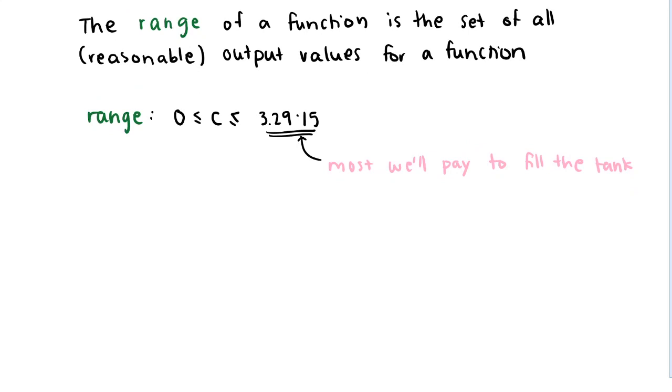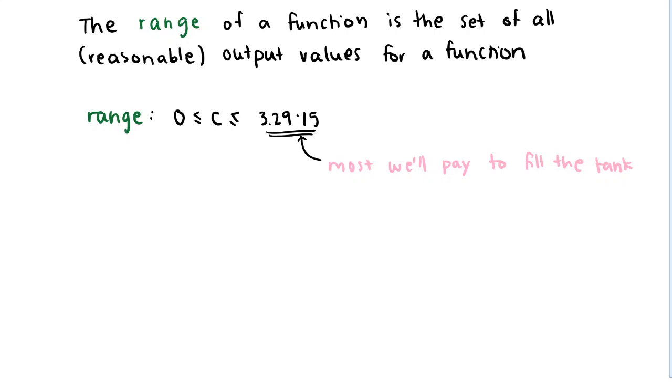So let me rephrase this. We can get a cost anywhere between 0 and 3.29 times 15 as the cost to fill up the tank. And so this is the range, the set of all possible outputs, and in this case, all possible costs to fill up the tank.